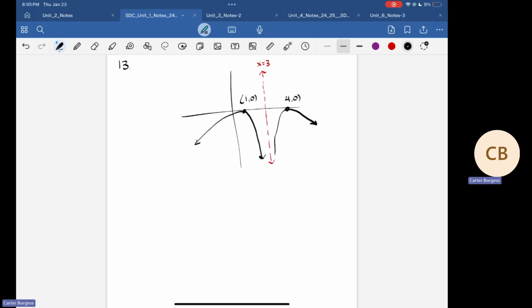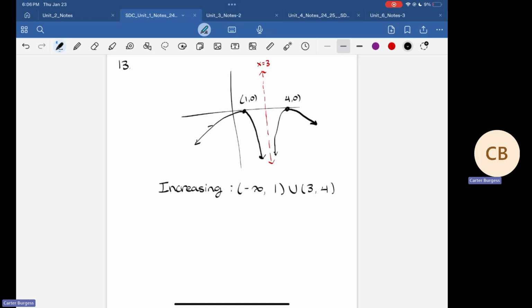We're always starting from the left and moving to the right. And since I am asking you for an interval over which this is happening, we are always looking at the x values for this particular function. So for instance, starting all the way to the left at negative infinity, I am increasing. Notice my y value is getting larger and larger, increasing from negative infinity until I hit the x value of 1. And I am also increasing from 3 all the way up till 4, moving left to right.